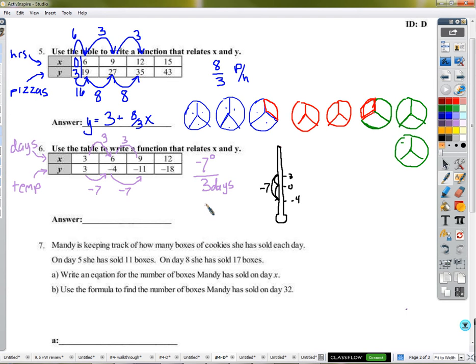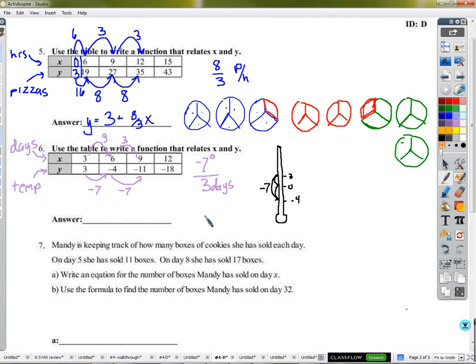-7/3 is not a nice number, but it is the number of degrees that it goes down every 1 day. Every 1 day it goes down 7/3 of degrees, or -2 1/3 degrees, and that's fine.